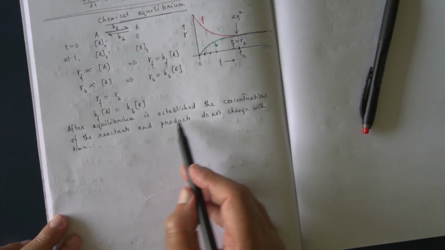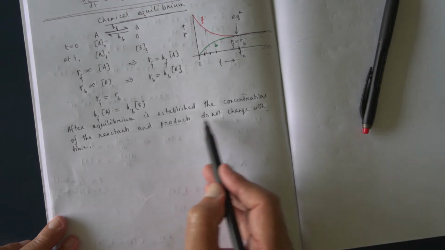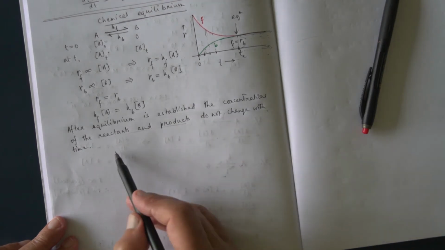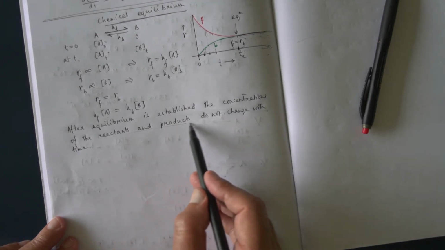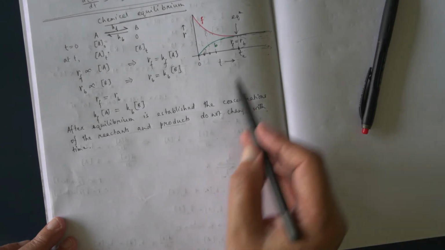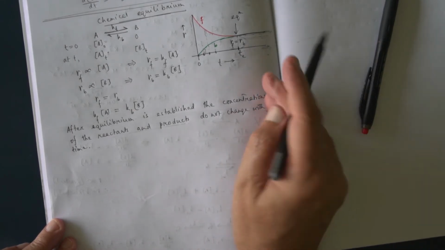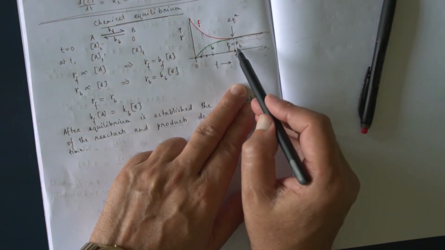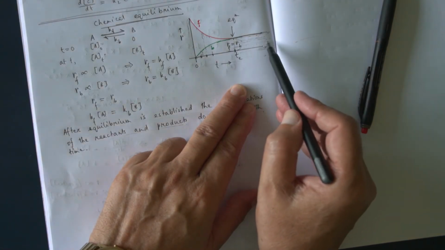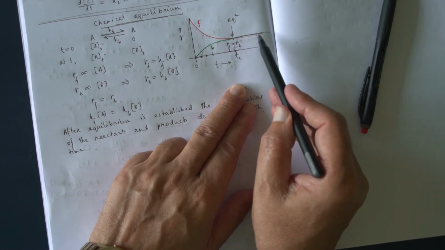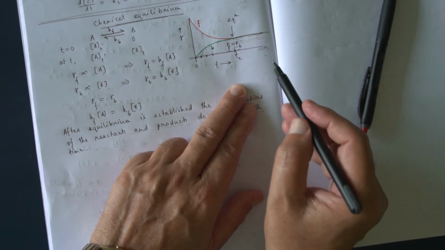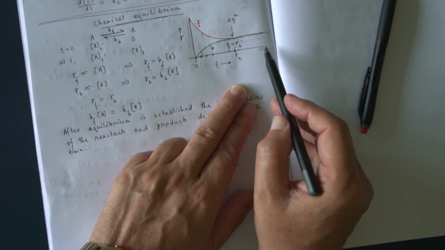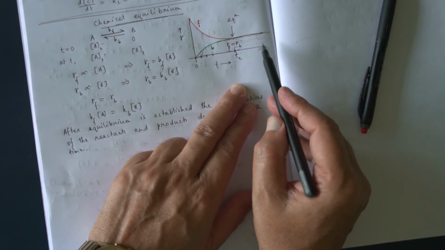That means concentration of reactants and products remain constant after equilibrium is established. I repeat, after equilibrium is established, concentrations of reactants and products remain constant. Do not change with time means remains constant.